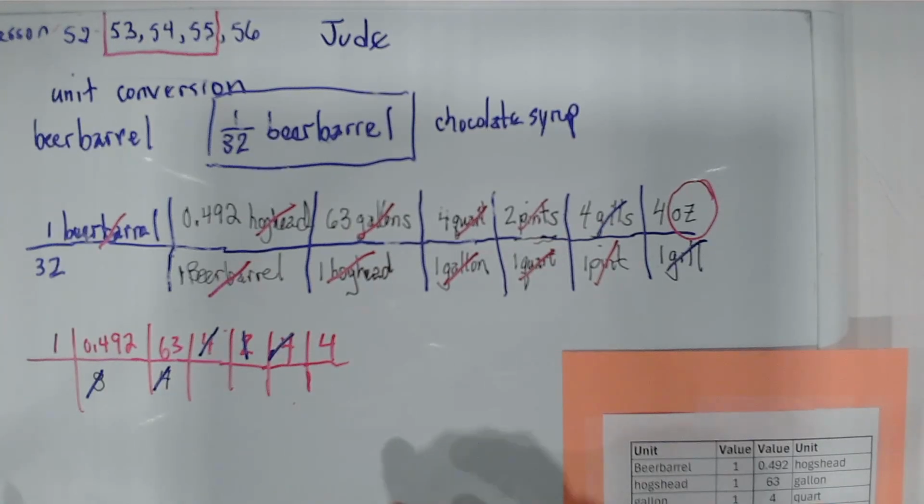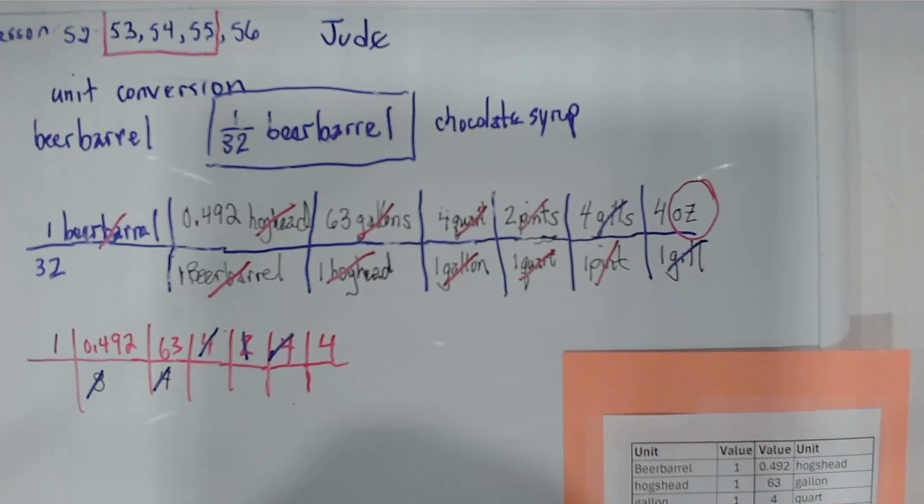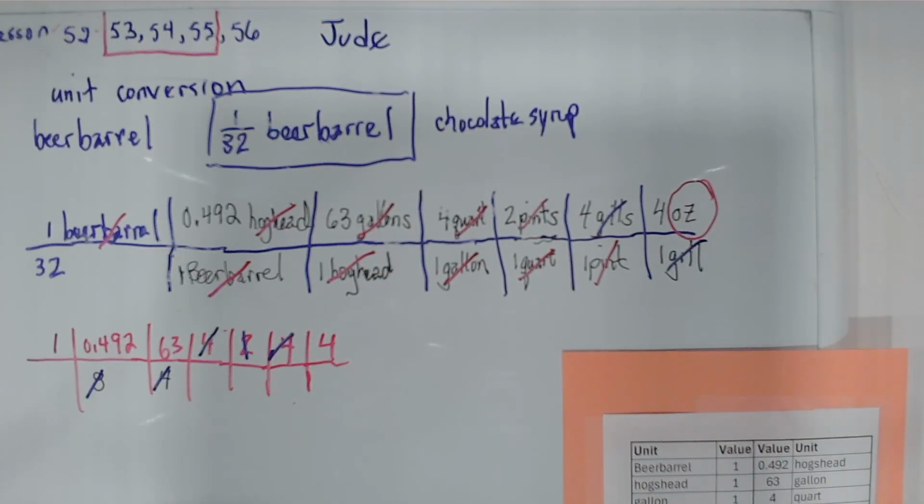Now all I have is 1 times 0.492 times 63 times 4. So let's find out what that is. In this case, I'm just going to use a calculator to save some time. If I've got 0.492 and 63 and 4, and I multiply that, let's see what we end up with.